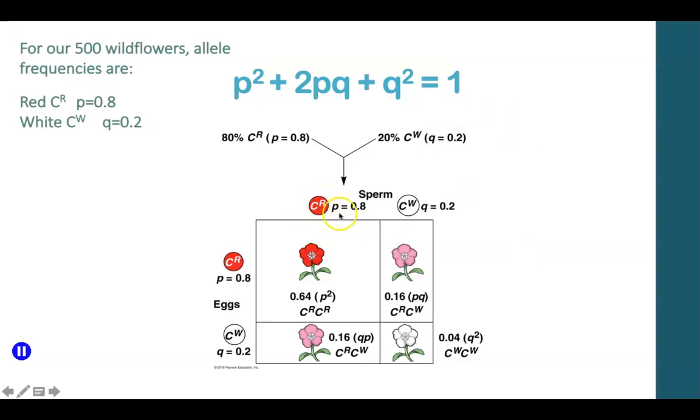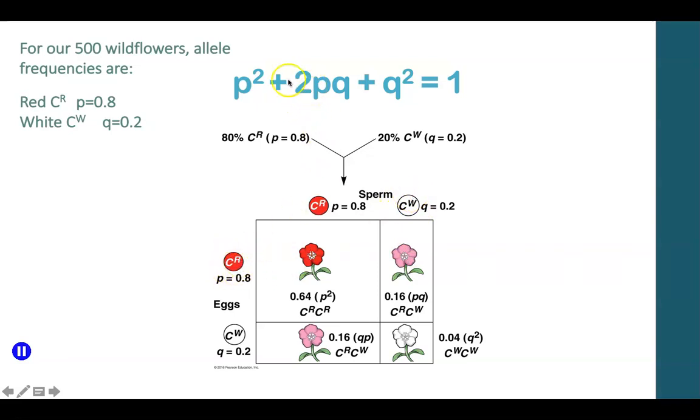So P squared is equal to the chance of getting the red allele from one parent times the red allele from the other parent. 2PQ is the chance of getting one white allele from one parent and a red from the other.